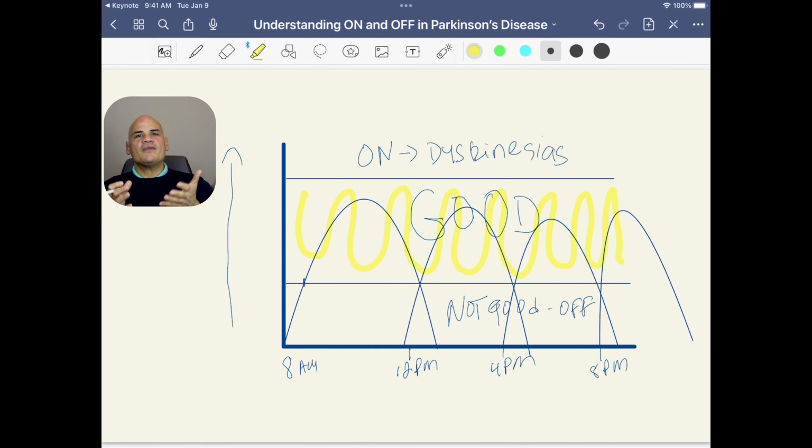And when you are on, your symptoms of tremors and walking and all that, they feel better. So the on state is actually this good state, right? So the good on.